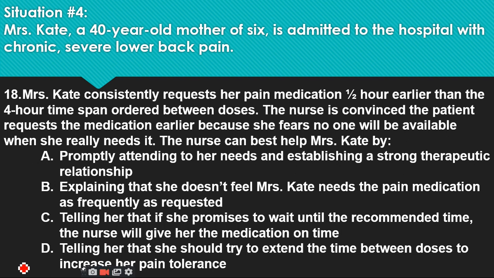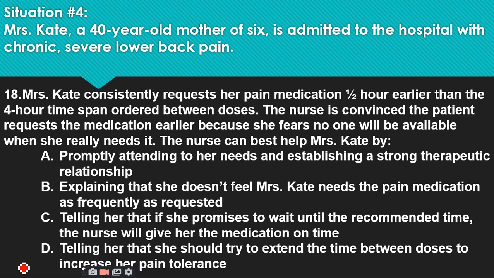B. explaining that she does not feel Mrs. Kate's need the pain medication as frequently as possible. Letter C. telling her that if she promises to wait until the recommended time, the nurse will give her the medication on time. Or letter D. telling her that she should try to extend the time between doses to increase her pain tolerance.